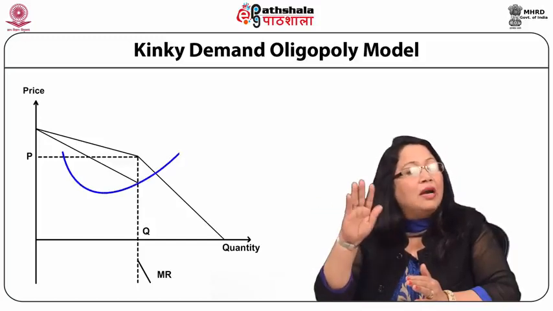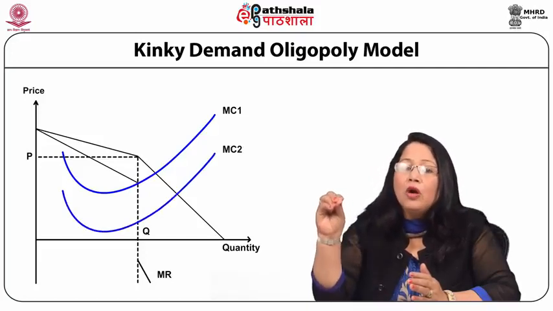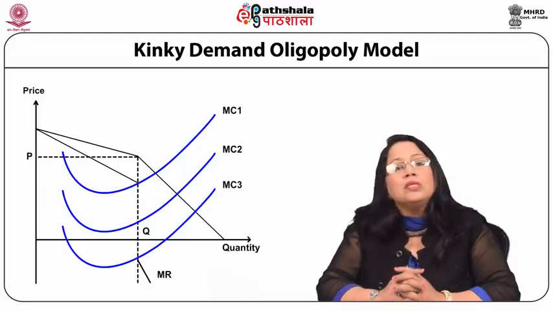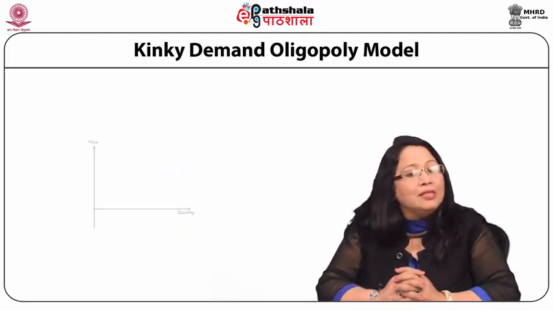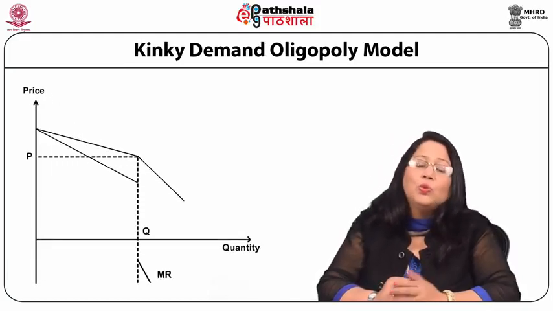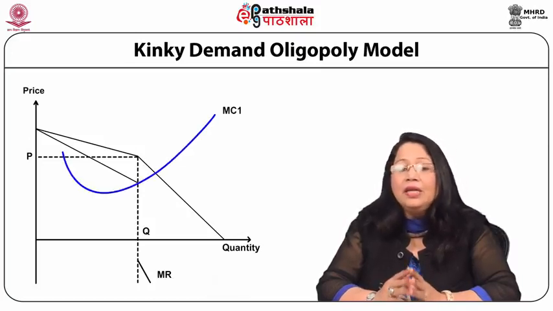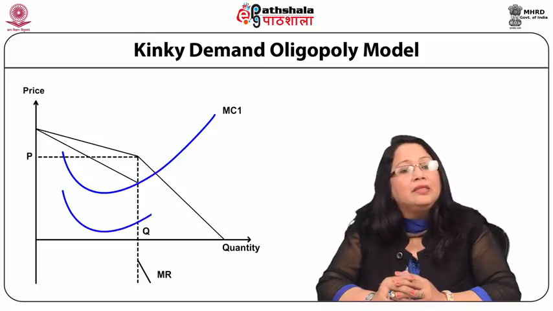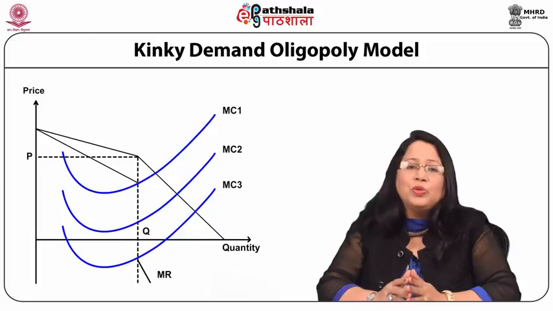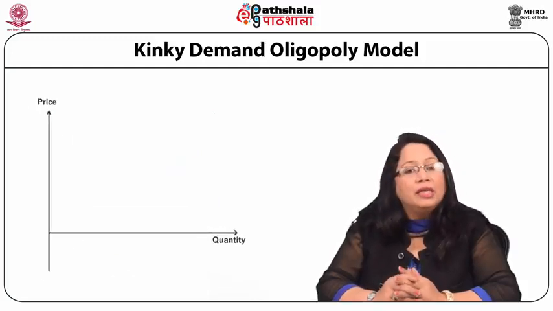It means the entire increased cost burden falls on the seller and his total profit decreases. In case cost decreases, marginal cost shifts downward to MC3. Again, MC3 intersects MR in the discontinuous gap. Price and output remain the same. The profit of the firm will increase.